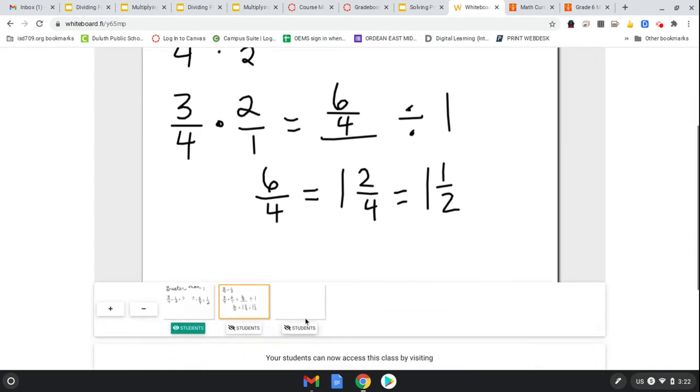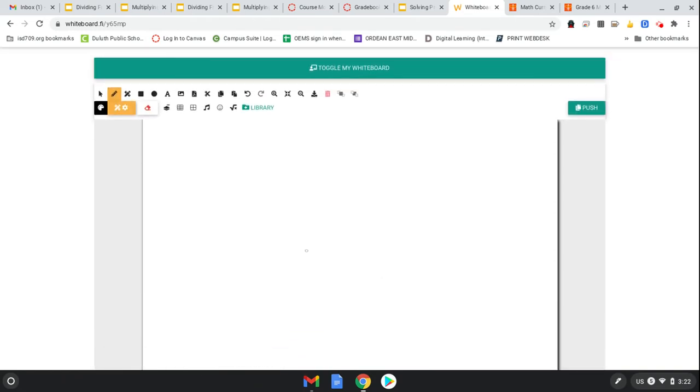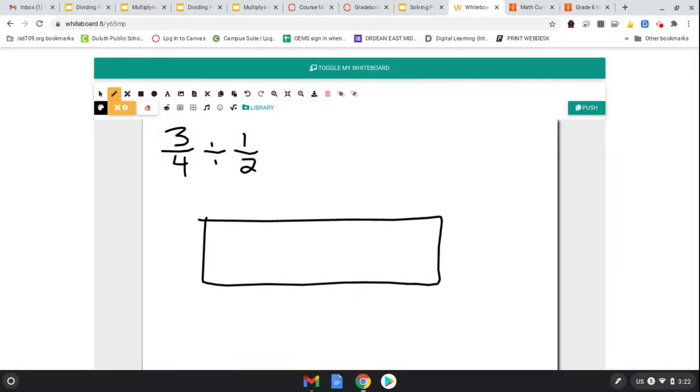All right, if you drew some type of picture, here's one way that you could do that. 3/4 divided by 1/2. So I'm going to start with dividing this tape into 4 pieces because I'm using the 4 from the denominator of the dividend.